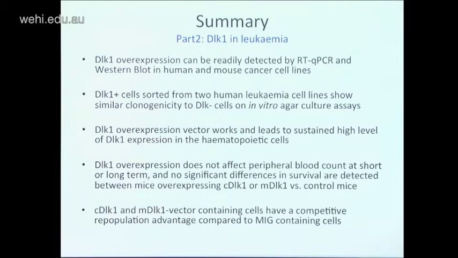And Dlk1 overexpression does not affect peripheral blood count and does not cause any significant differences in survival in acute leukemia or in GFP-positive leukemia. But the cDLK1 and mDLK1 containing cells seem to have a competitive repopulation advantage compared to the MIG-containing cells.